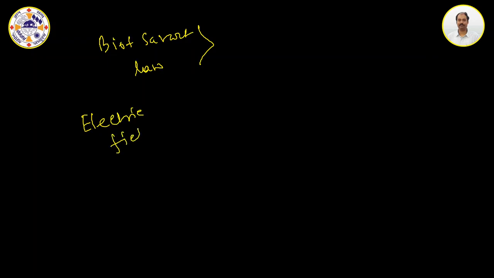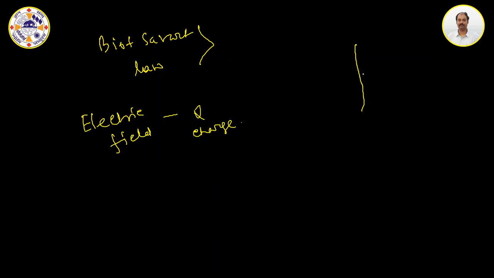To discuss the Biot-Savart law, it is better to ask a question. What is the source of magnetic field? We know that the source of electric field is charge q. Now the question is, what is the source of magnetic field?